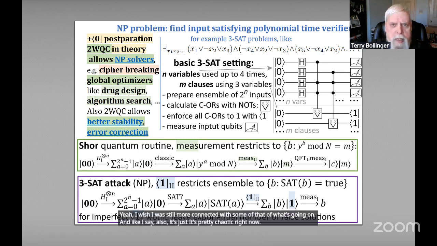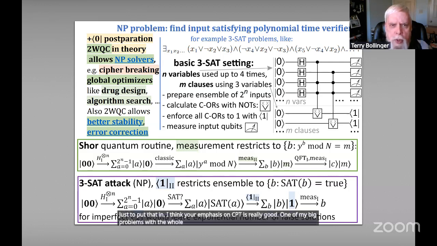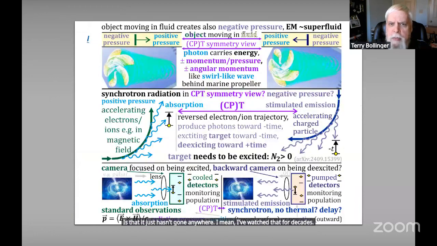But just to put that in, I think your emphasis on CPT is really good. One of my big problems with the whole Deutsch approach to quantum computing is that it just hasn't gone anywhere. I've watched that for decades. Whereas the CPT, that to me is really solid physics.